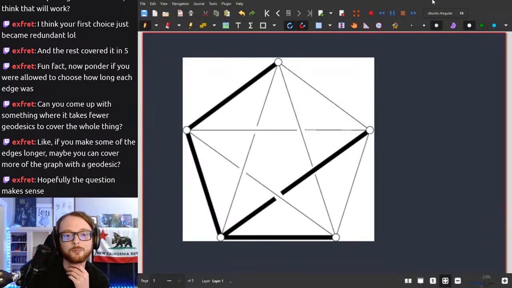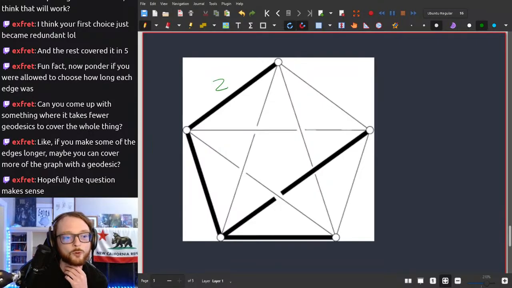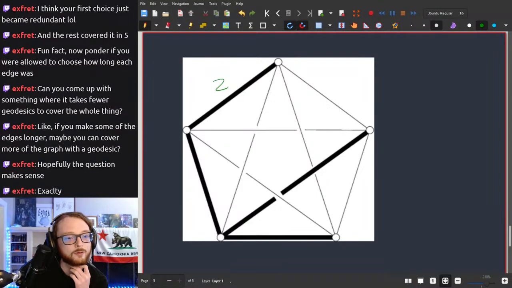I guess that's asking about playing around with the weights of the edges, like making that one weight 2 or something, or a half. And we're trying to get fewer geodesics to cover the whole thing.